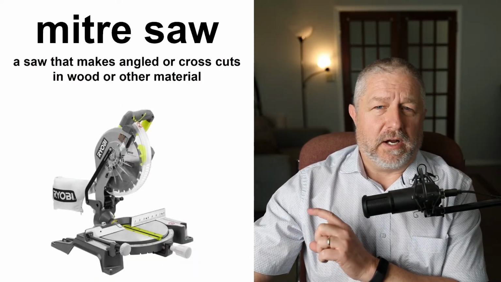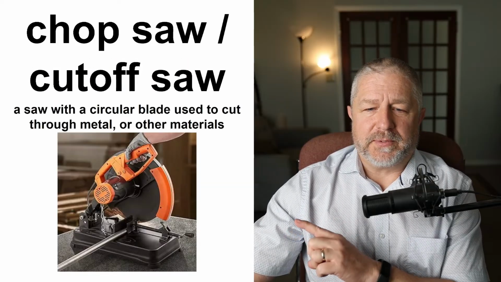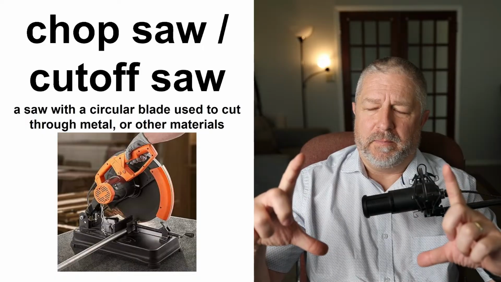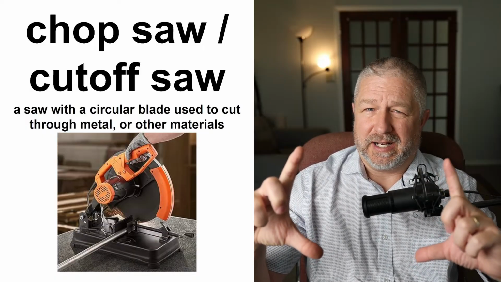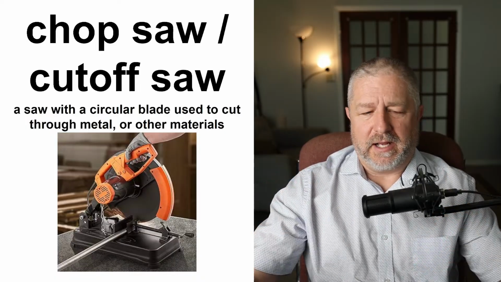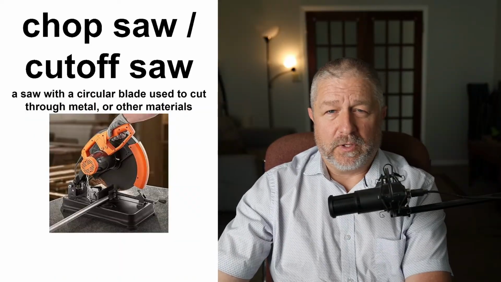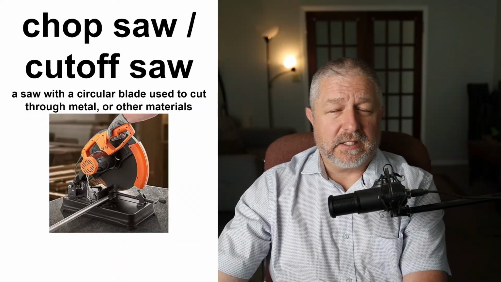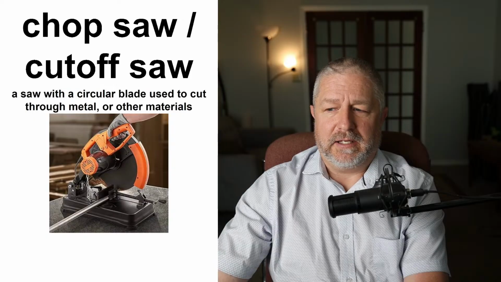A miter saw has a blade with teeth to cut wood. A chop saw usually has a blade, but we would probably call it a cutting disc that is designed to slowly cut through metal. So Jen's dad, who has a welder and likes to make things out of steel, has a nice chop saw so he can cut things to the size that he needs.